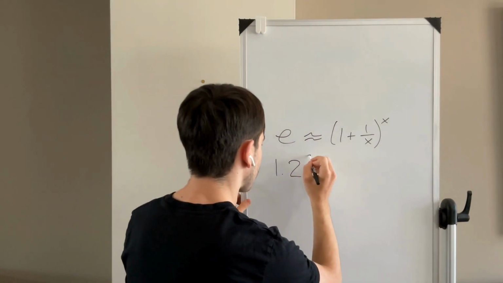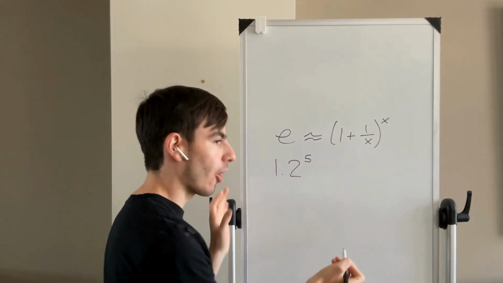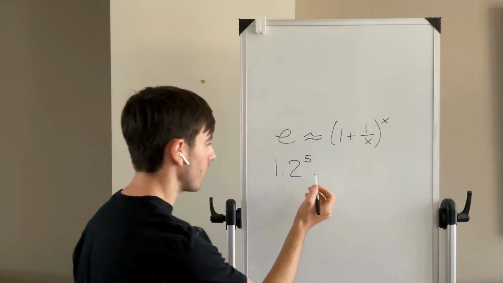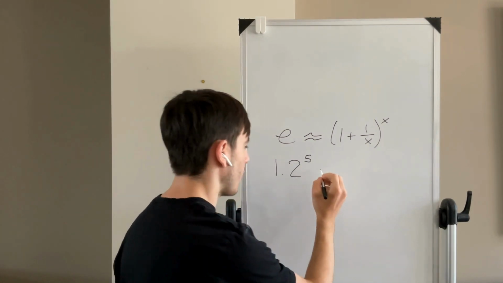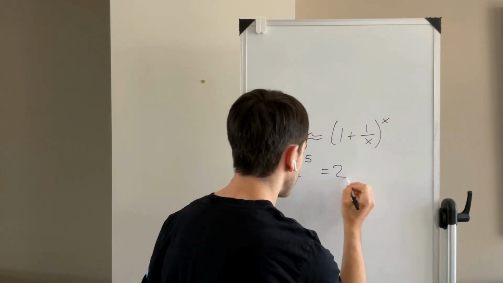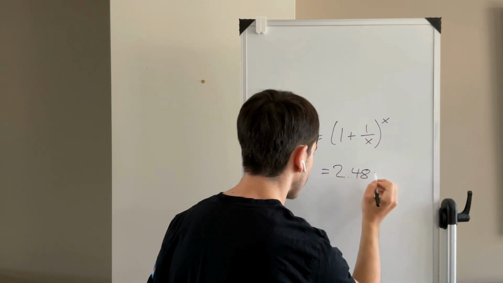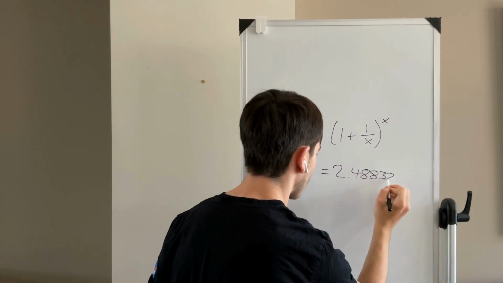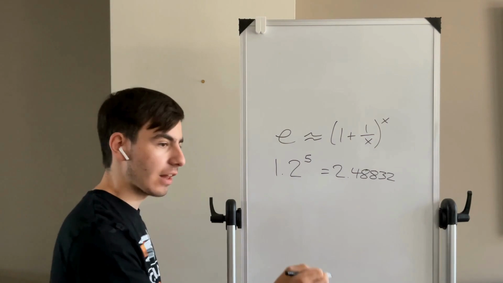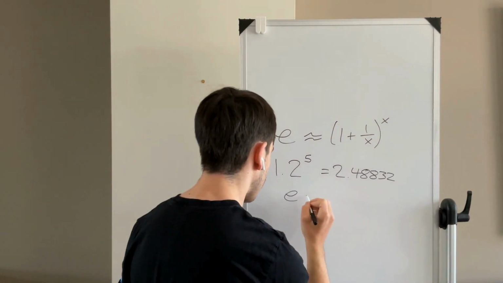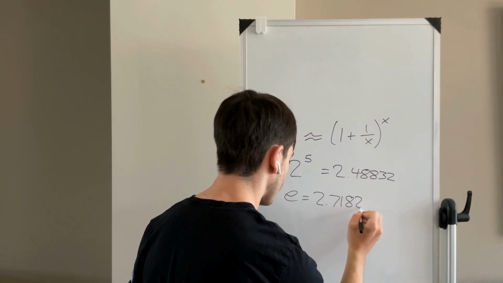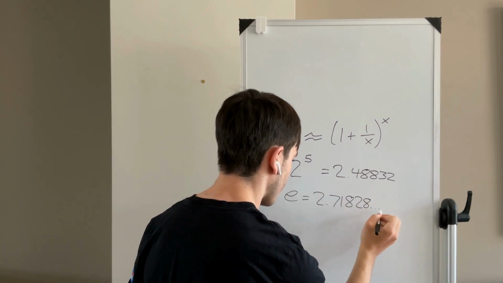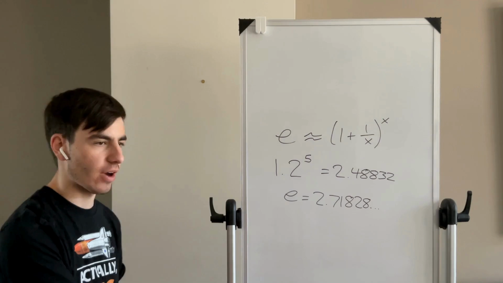If we then raise that to the power 5, that gives us an approximation of Euler's number. But it's not a great approximation because 5 is a small number. This comes out to be 2.48832, whereas the actual value for e is 2.71828, and so on. It's irrational, it never ends.